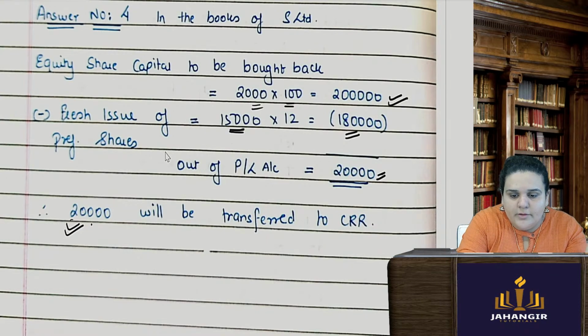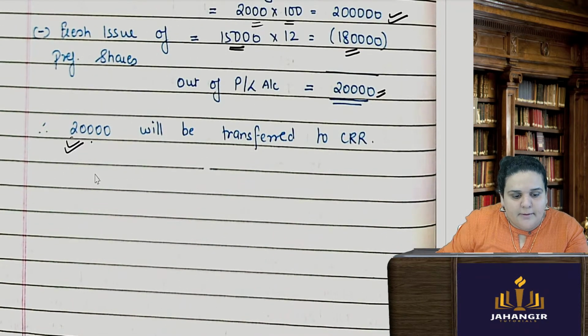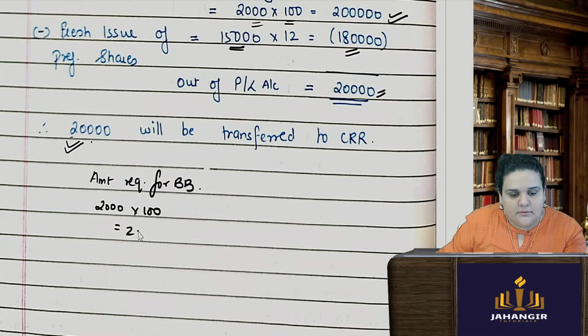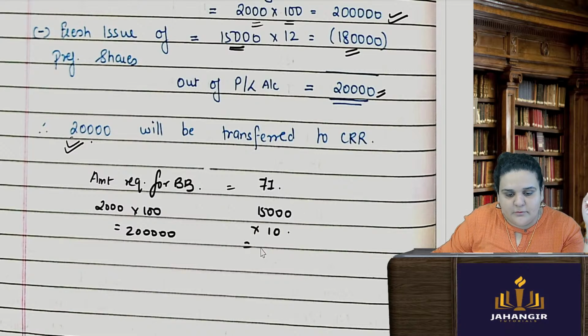Okay. So what I did here is the amount required for buyback. Same thing I've done. 20,000 into 100, which is 2 lakhs. And from the fresh issue, 15,000 into 10, that is 1,50,000.